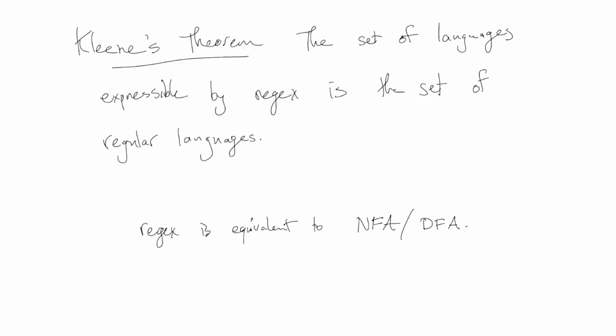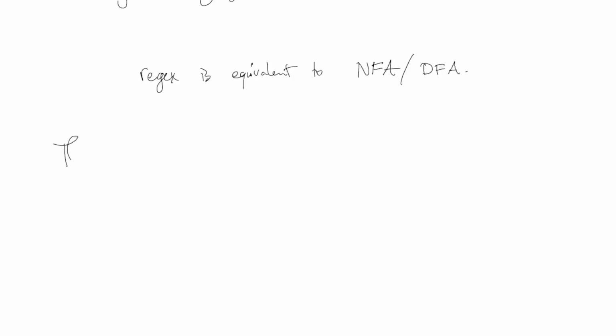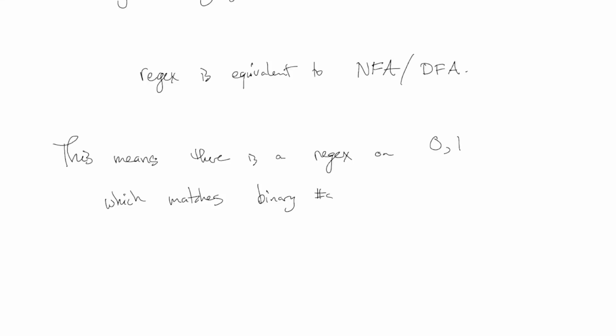Here's a cute example. What this means is, for example, anything that we've ever done using NFAs and DFAs can also be done with regular expressions. So this means, for example, there is a regular expression on the alphabet 0, 1, which matches binary numbers divisible by 3.